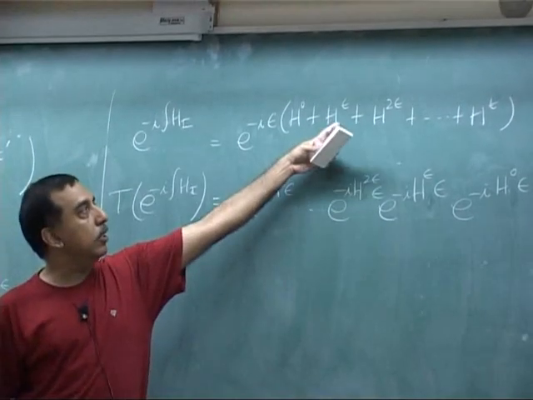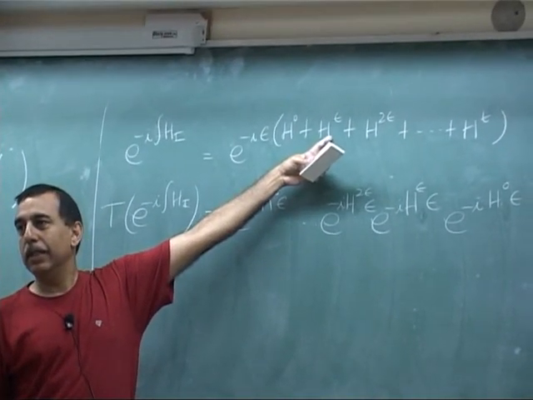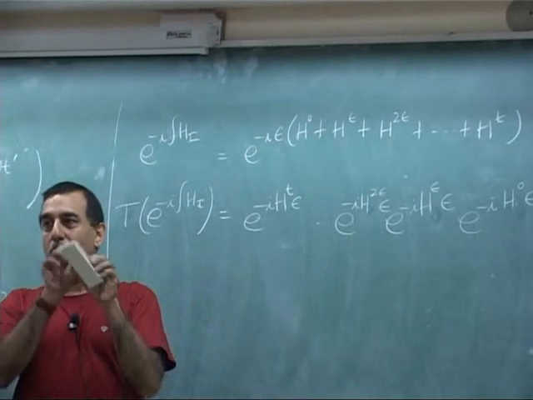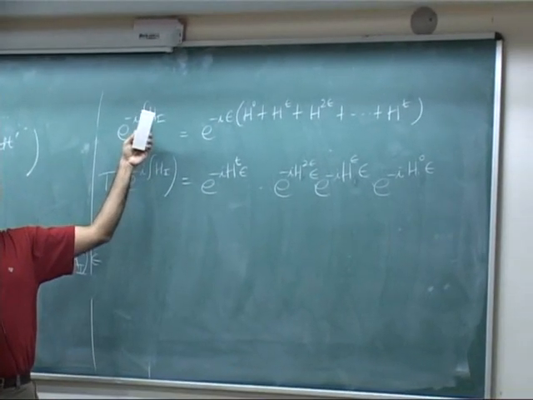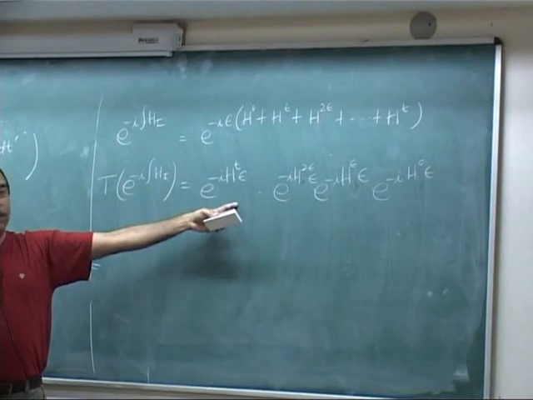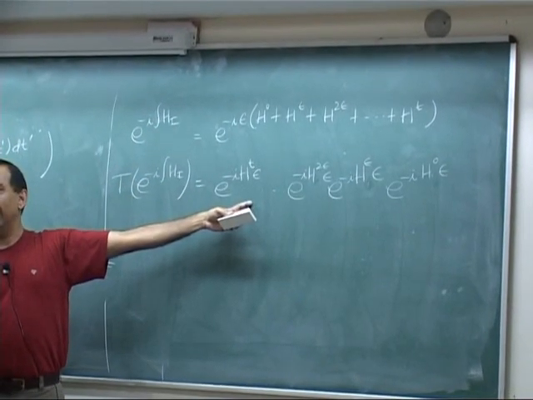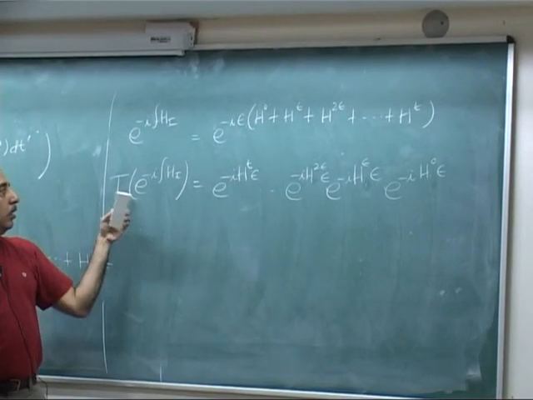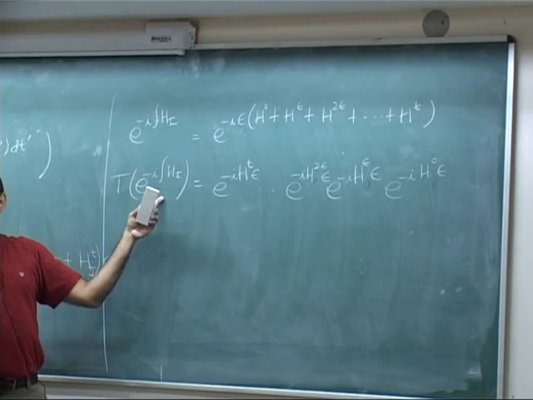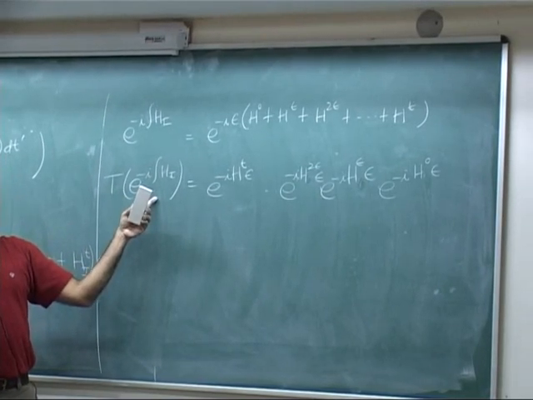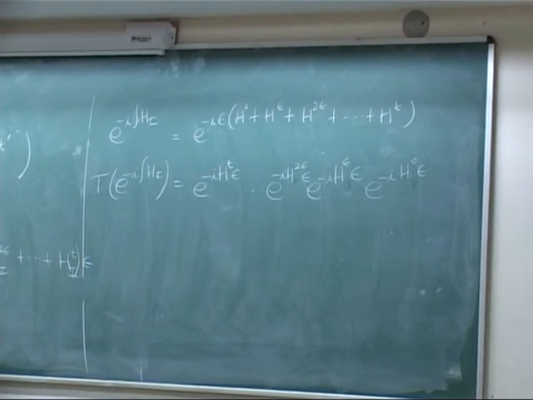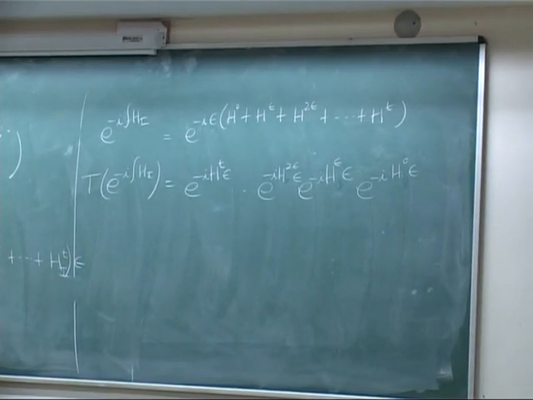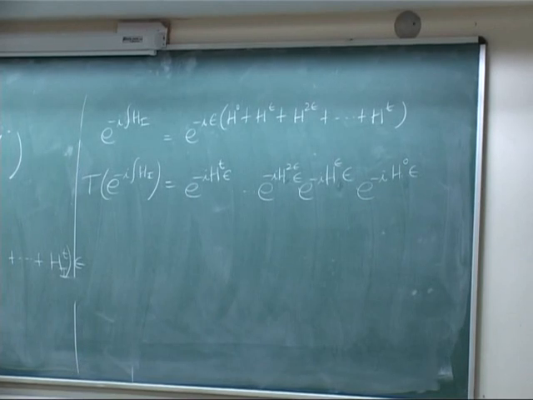Now if I take a continuous limit of that, where this epsilon tends to 0 and the number of intervals tends to infinity, I recover the integral. If I take a continuous limit of this, which is a little harder to imagine, I recover by definition the time-ordered exponential of the integral. It's a very nice trick that can be used with operators in many areas of quantum mechanics, not only here. Okay?